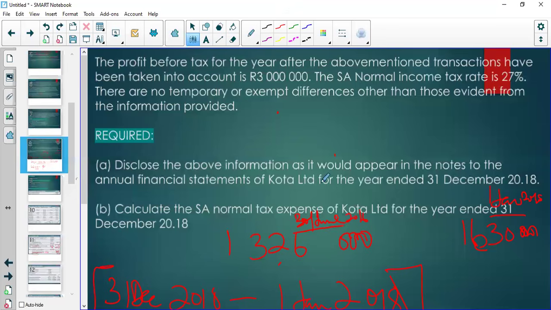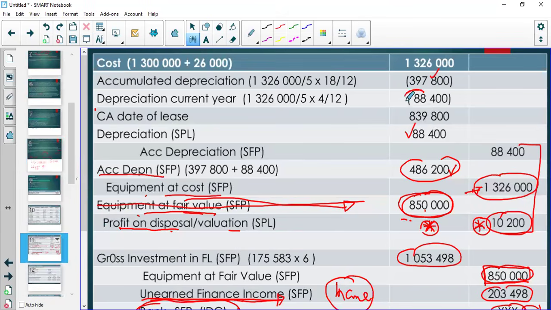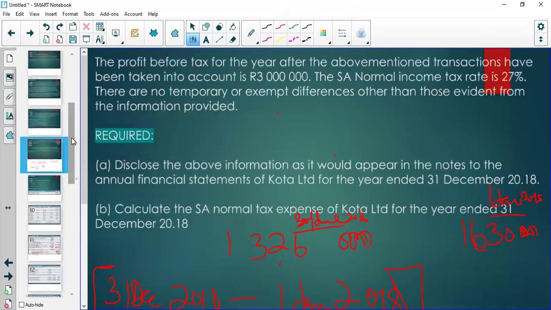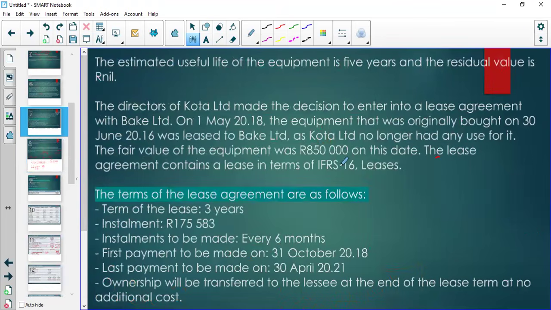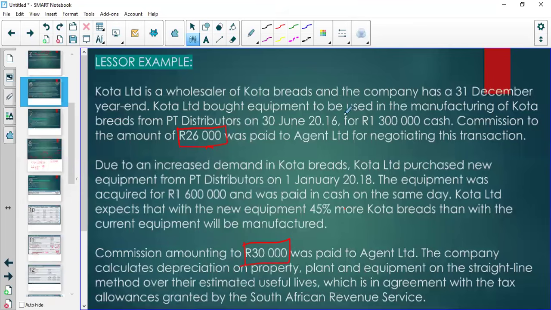So we have calculated depreciation, you remember, and it was 88,400 for the current year. Right. But we haven't calculated depreciation for the new one. So the depreciation for the old one is 88,400 for the current year. Right, where we said 20% multiplied by 1,326 for the 4 months.